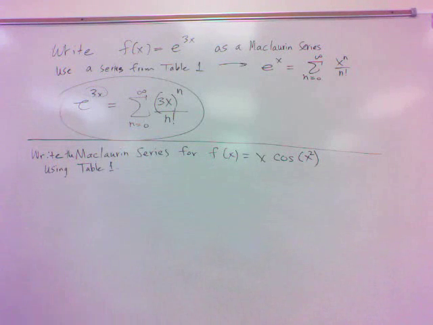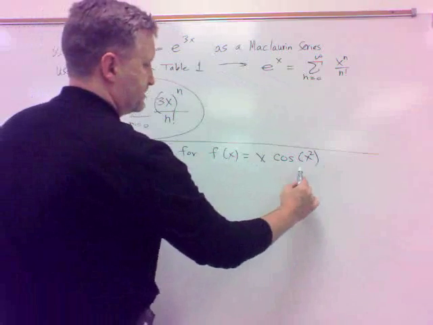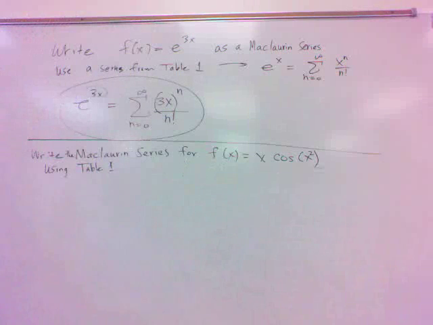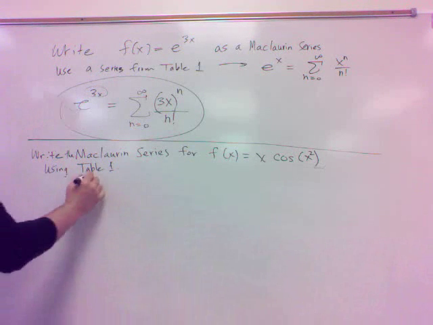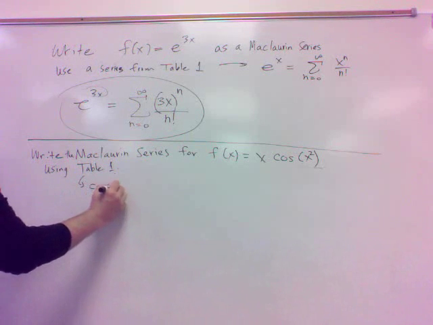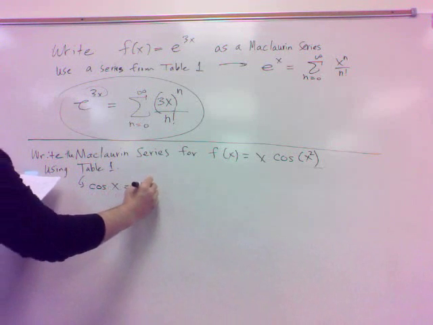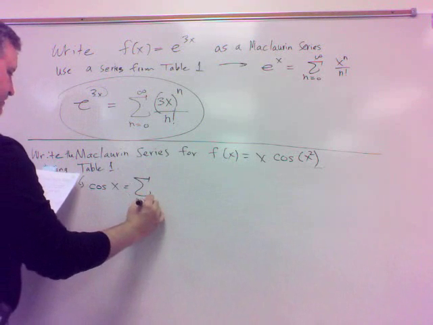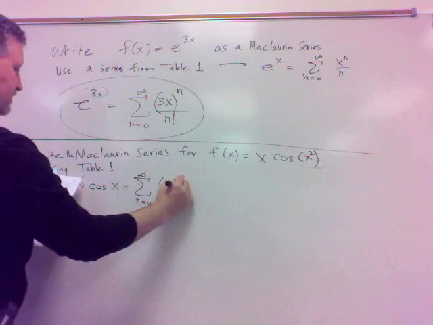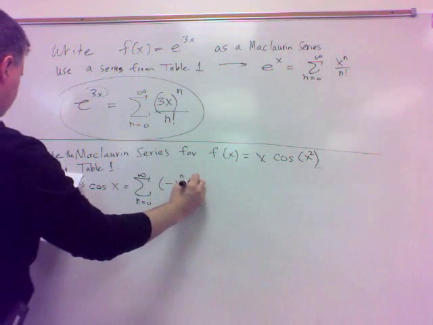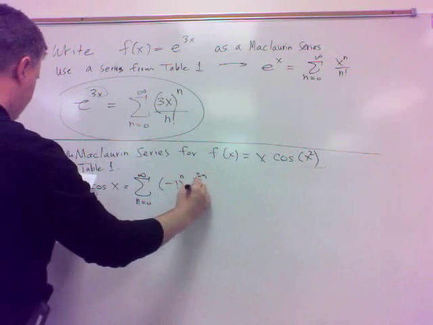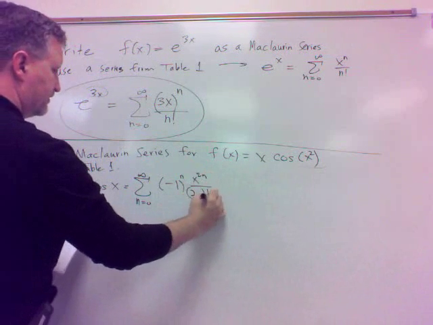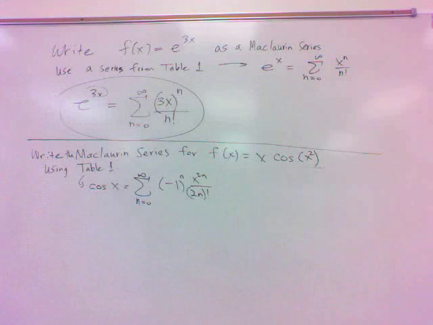Well, obviously, we want to look at our Maclaurin series and see what we've got there on that table. Well, on Table 1, we have the cosine of x Maclaurin series. What is it? The sum n equals 0 to infinity, negative 1 to the n, x to the 2n over 2n factorial. That's what cosine of x is.